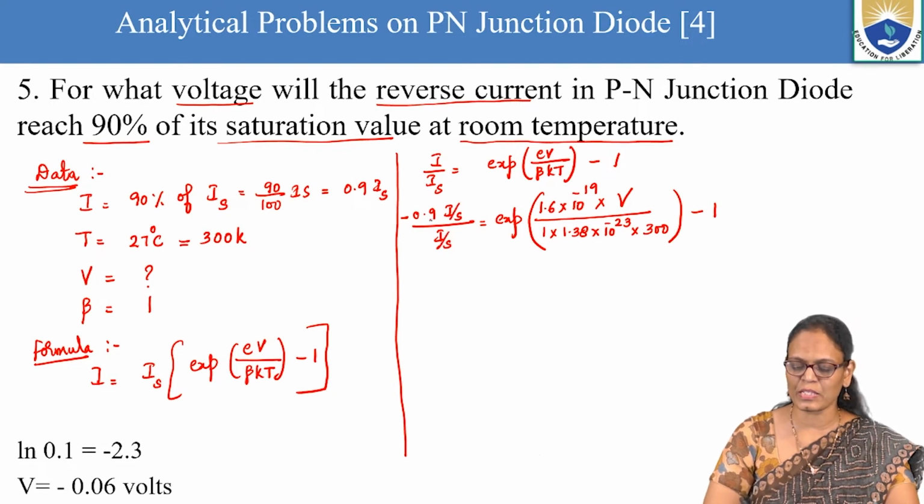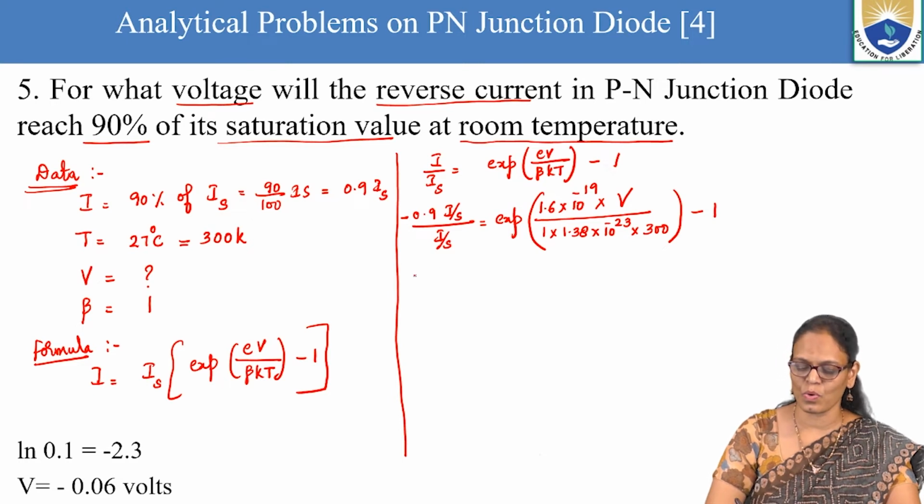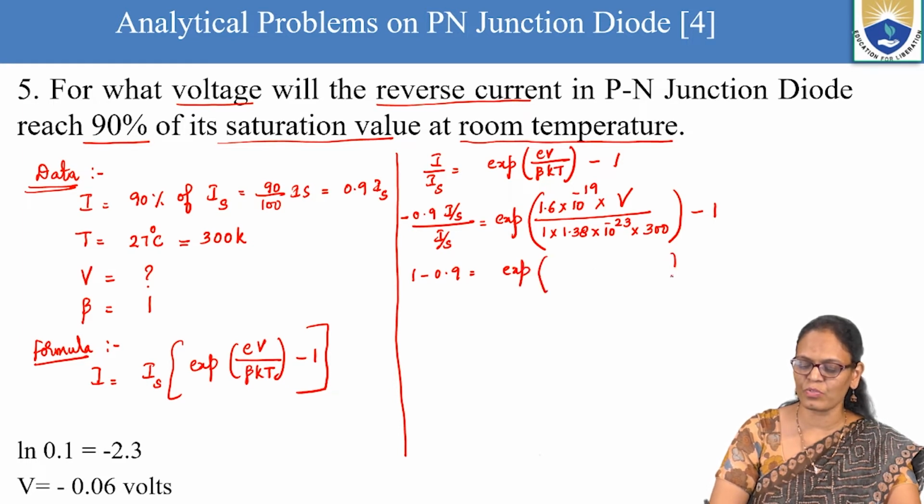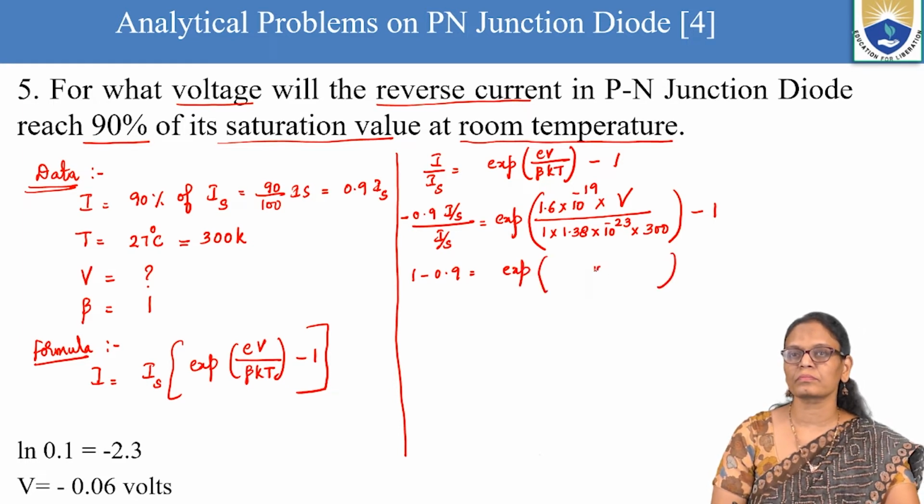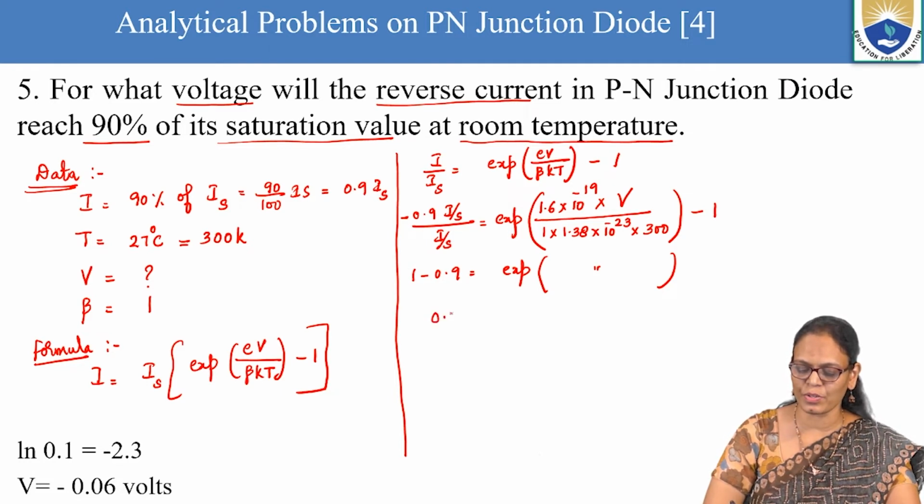So IS and IS will get cancelled. I can bring minus 1 onto this side. So 1 minus 0.9 is equal to the same exponential value. So 1 minus 0.9 is 0.1.